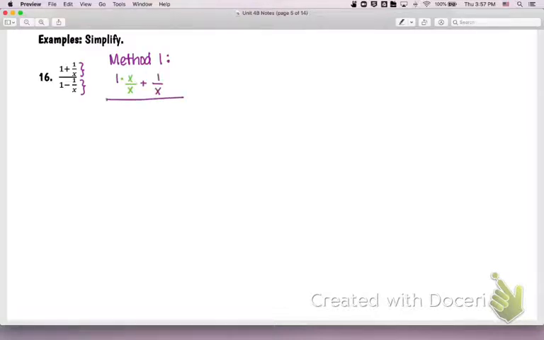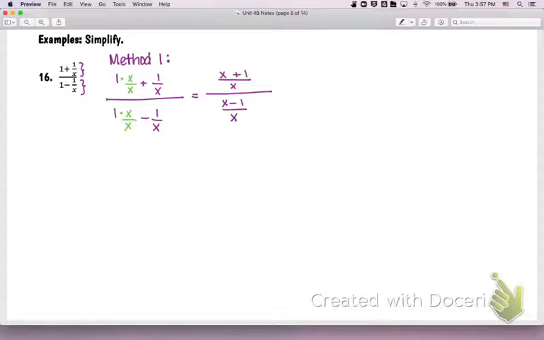That'll make our common denominator on the top x. Same thing down here: if I multiply this by x over x, then both of them have a common denominator of x. So the top fraction becomes 1 times x, so that's x plus 1 over x, and all of that is over x minus 1 over x.